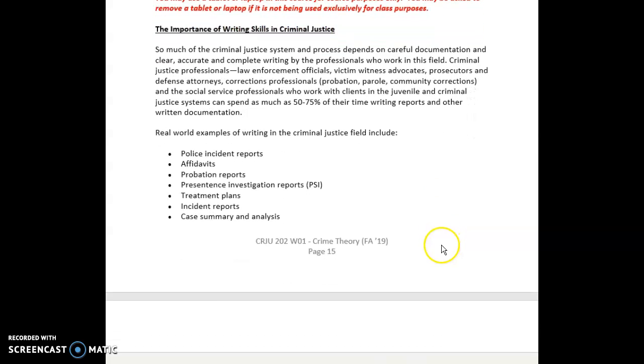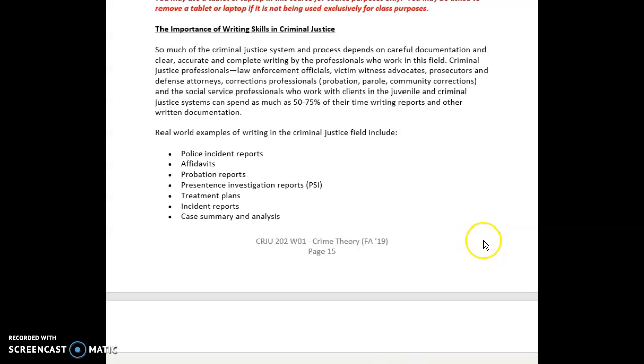I do want to underscore the importance of developing good, clear writing skills. Any professional in criminal justice will most probably be required to do a fair amount of writing.